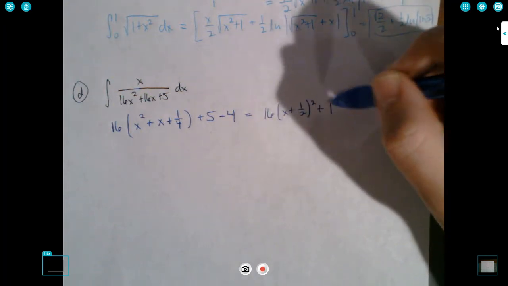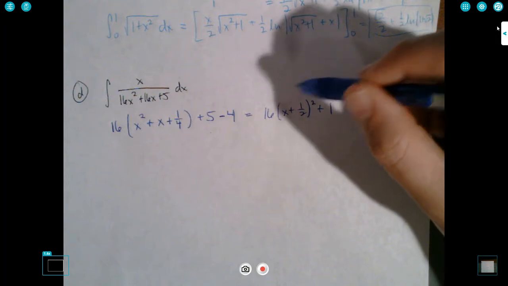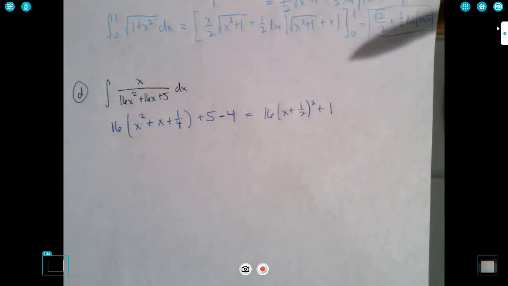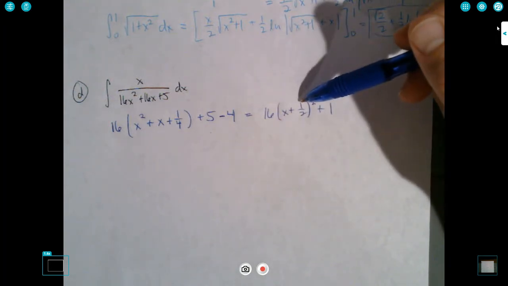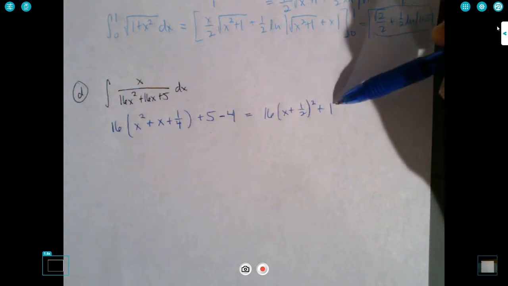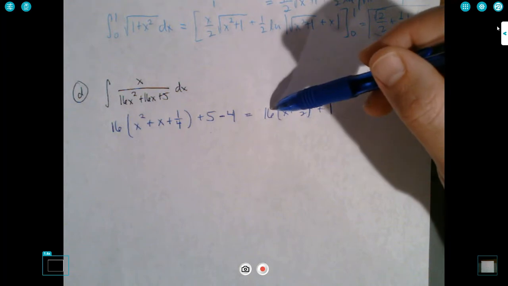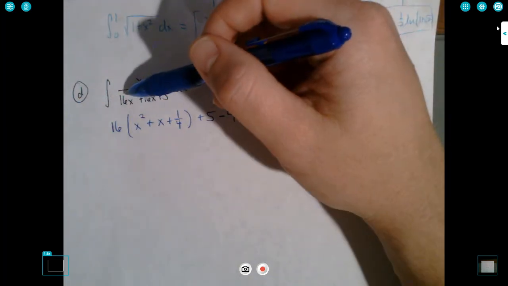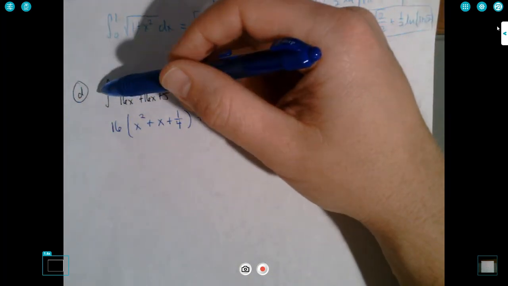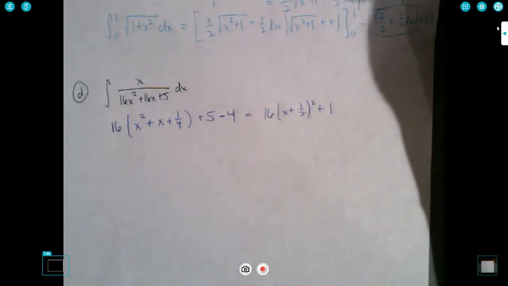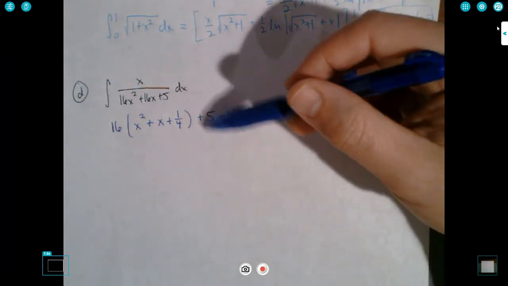Although, I'm not really sure that's what I want to do now that I'm looking at it, because I was hoping to be able to take this 16 out and make it a 1/16, but the problem is with the way that I've done this.